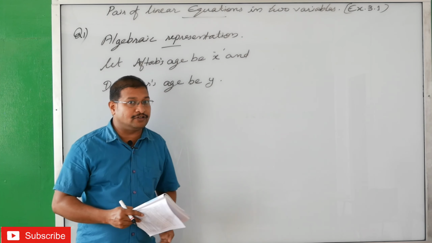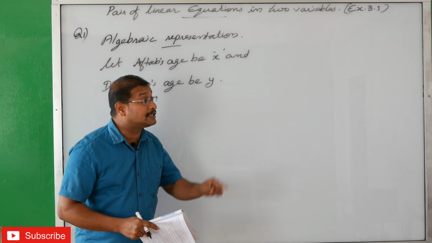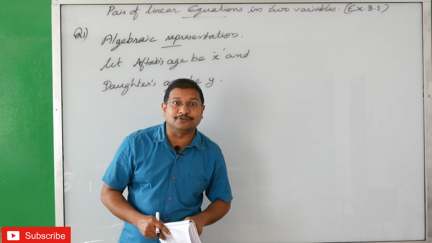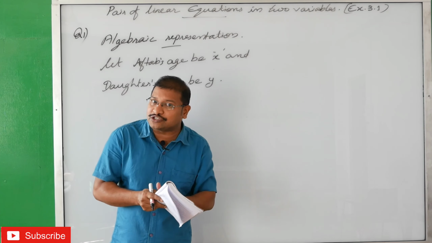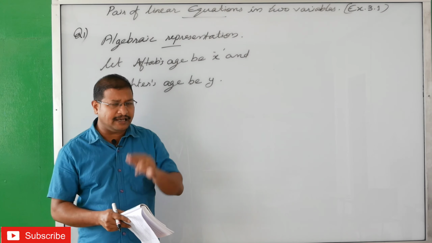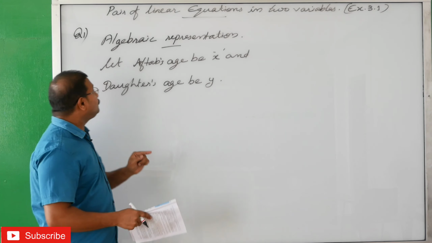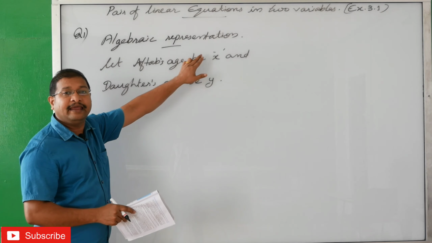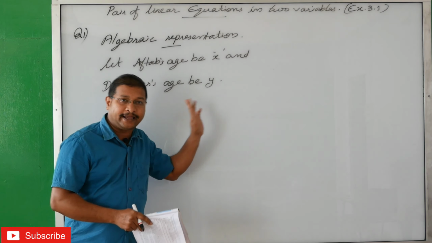And what he is telling his daughter: 7 years ago, I was 7 times as old as you. See, 7 years ago. That means in this question, we can understand it belongs to linear equations in two variables. That means we will keep, let Aftaf's age be x and daughter's age be y.